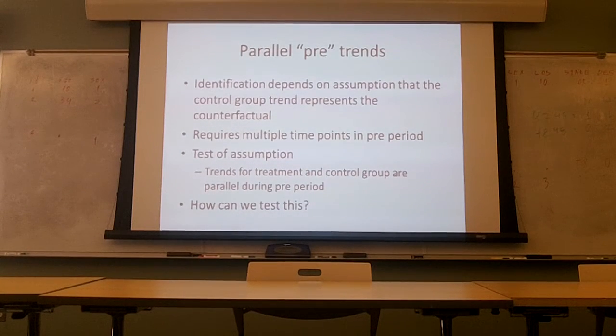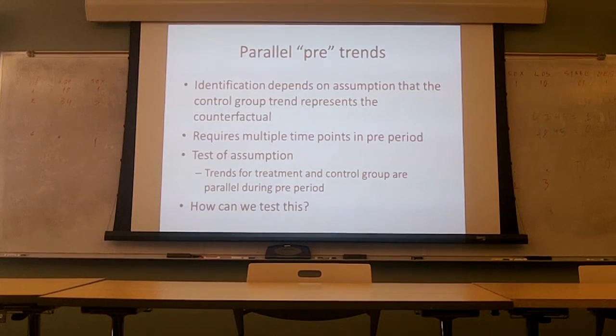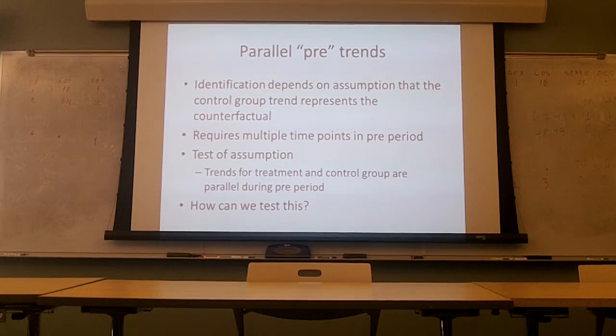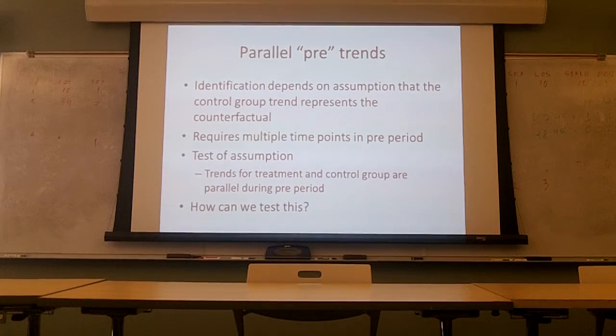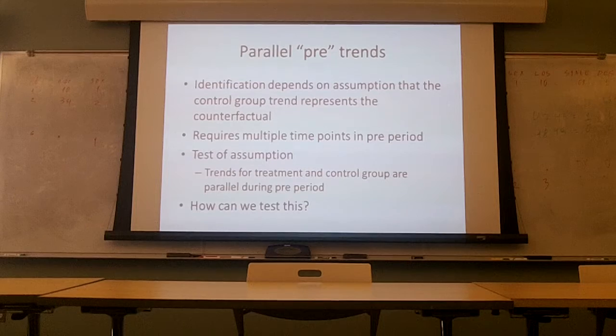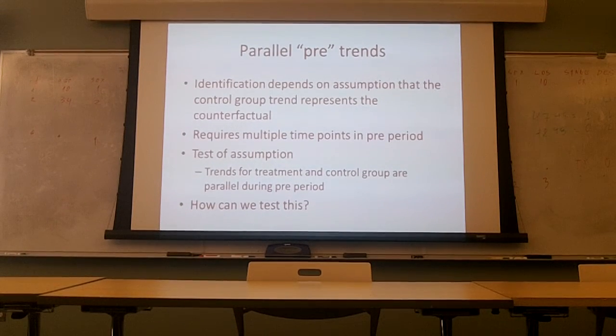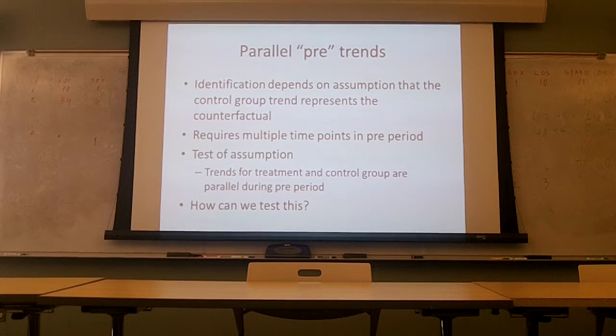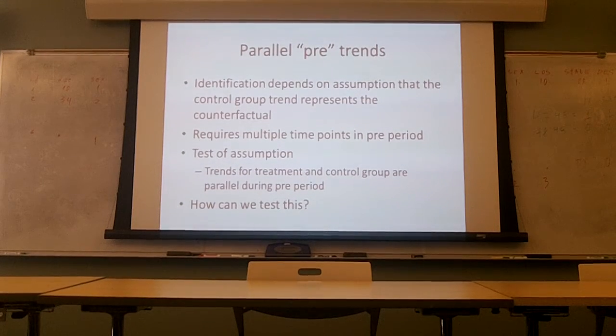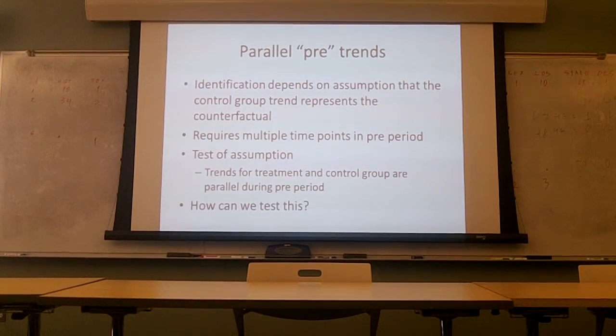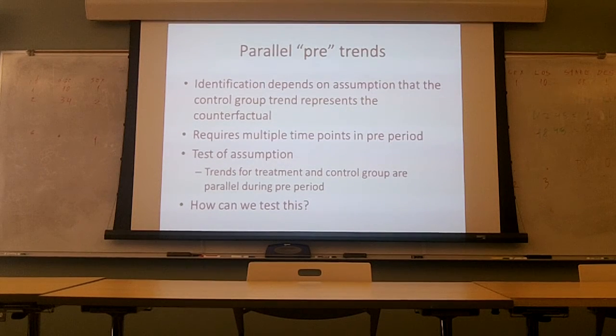One of the assumptions built into difference in differences is that the pre-period trends between these two groups ought to be equal or parallel, so that when one goes up, the other goes up. The more data you have in the pre-period, the more opportunity you have to demonstrate how good the control group is for the treatment group as representing the counterfactual in anticipation of the policy.